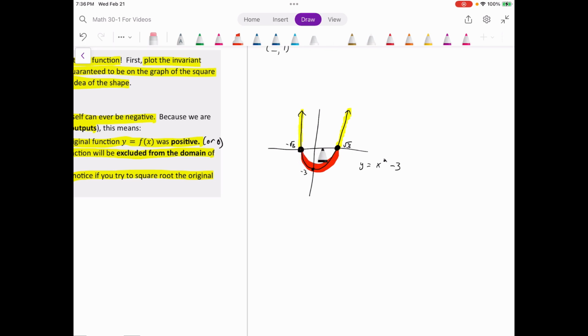It can't be anything in between those x-intercepts, because in between those x-intercepts, the original function is negative. The y values are negative. So we can't take the square root of them. So the domain of the square root of this function would be all values of x that are less than this x-intercept and all values of x that are greater than this x-intercept, but excluding the ones in between.